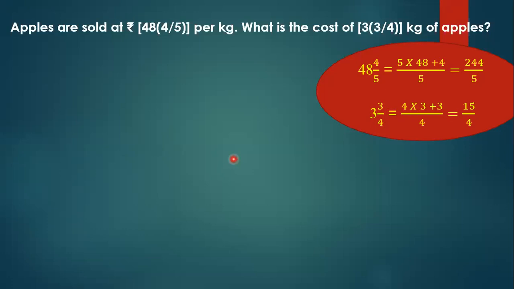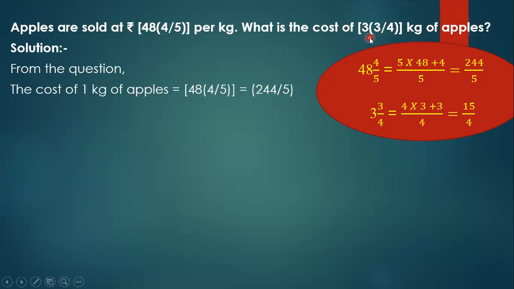It is given that for 1 kg the cost is rupees 48 4 by 5. So what would be the cost of 3 by 4 kgs? For this we need to multiply both of them. So we will write the cost of 1 kg apples is 48 4 by 5, which we here only converted.